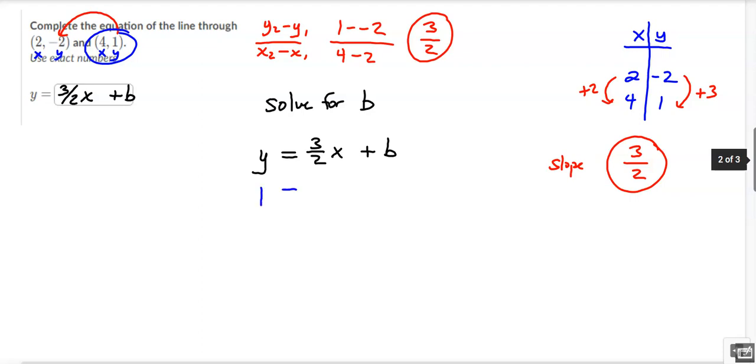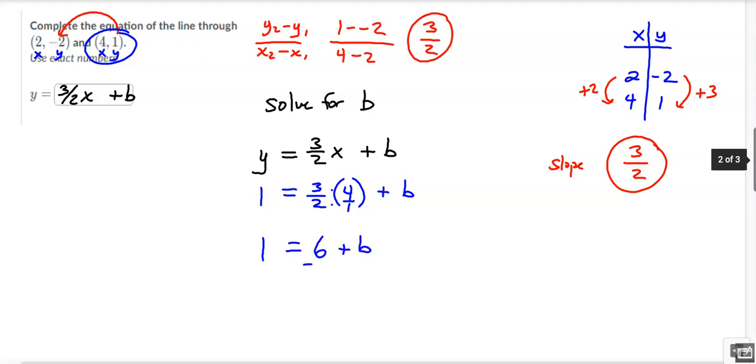So I put my 1 in for y, I put my 4 in for x, and I'm going to solve and figure out what b is. So here we go. I get 1 equals, well, 3/2 times 4, that's really 3/2 times 4 over 1, which is 12 divided by 2, or 6.